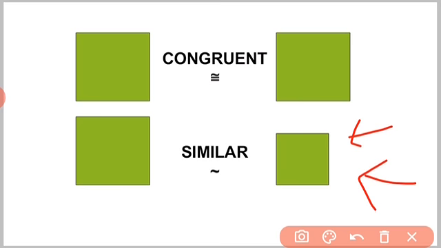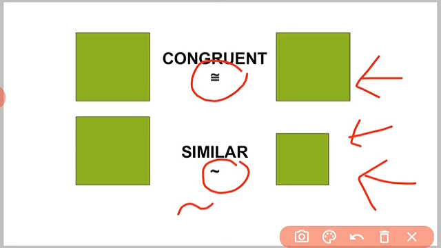But in case of congruent, two shapes or two objects are of the same shape and size. They are equal, and the symbol for congruent is this, and for similar it is this. Similarity we will learn in class 10th. In class 9th, we will only deal with congruency.